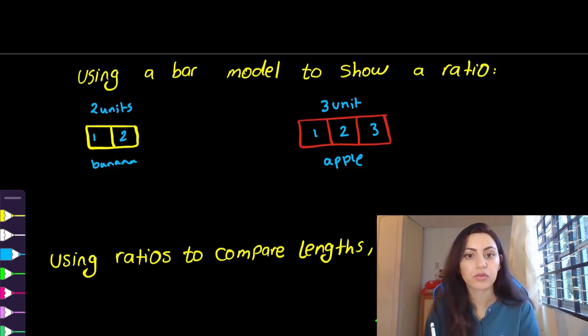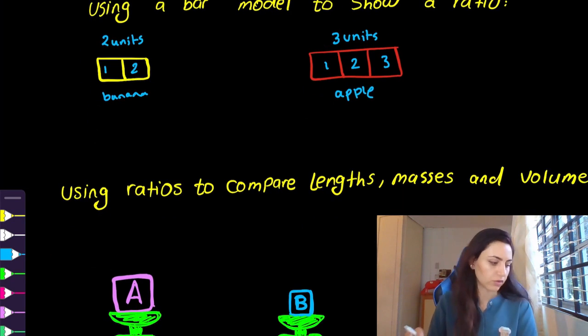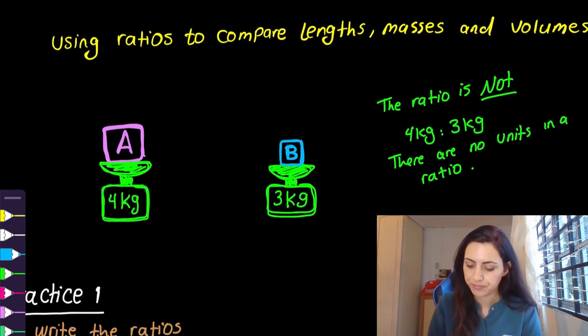The reason I put 2 units for banana is because we have 2 bananas. The reason I put 3 units for apples is because we have 3 apples. So you can say showing the ratio by using the bar model.